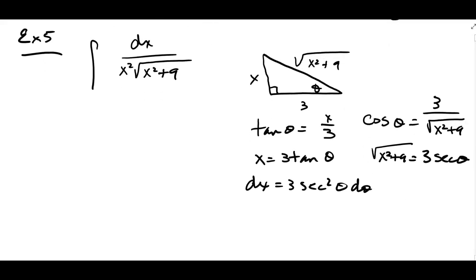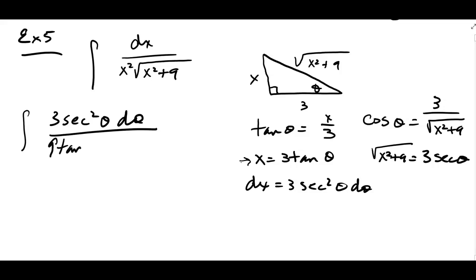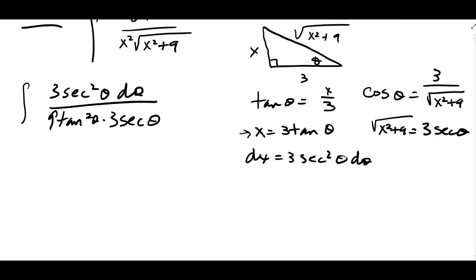Come over here, let's plug it all in. My dx is 3 secant squared theta d theta over x squared. We take x squared from here, so that's going to give me 9 tan squared, and then the radical x squared plus 9 is 3 secant theta.